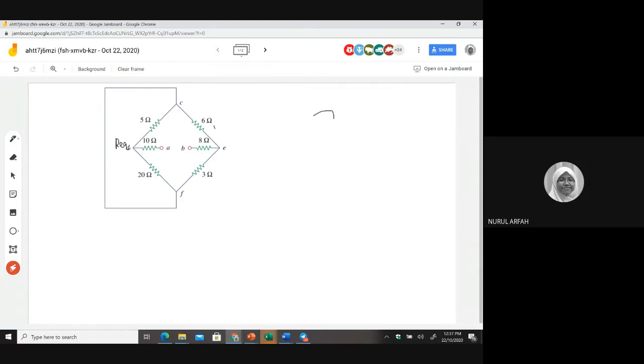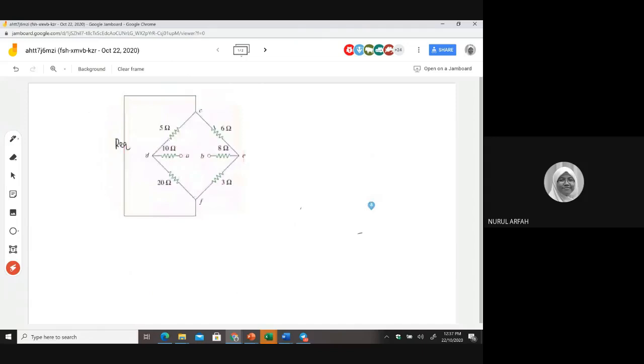Maybe it's hard to draw a resistor like this, so you can put it in this way. Just figure out which one is in series and which one is in parallel. If you want to remove my circuit, also can, no problem.